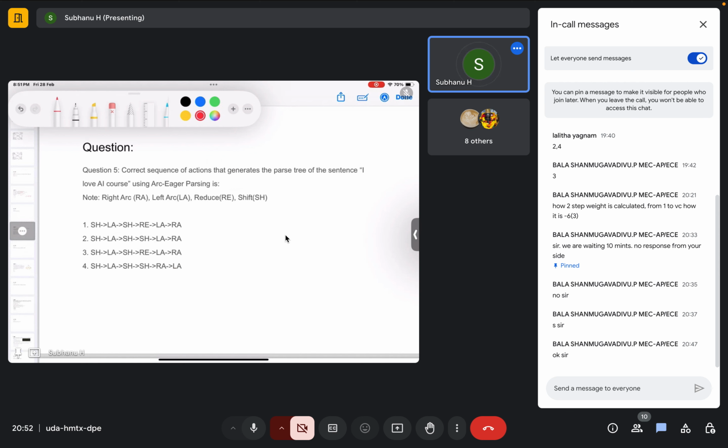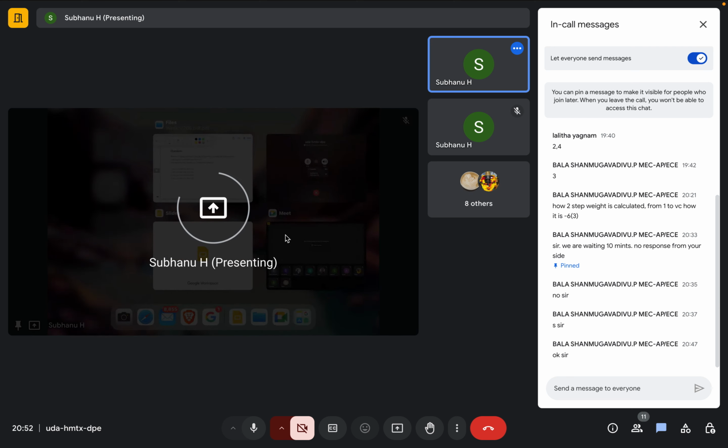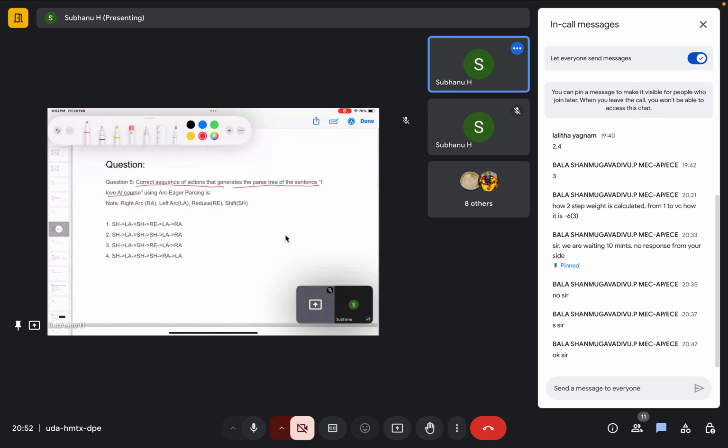So this is the second question, and it is somewhat similar. That's why I'm showing you the correct sequence of actions.